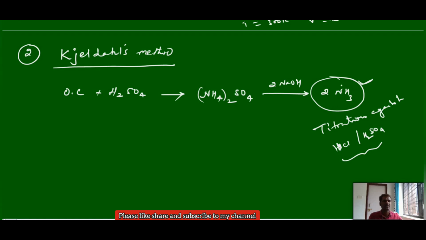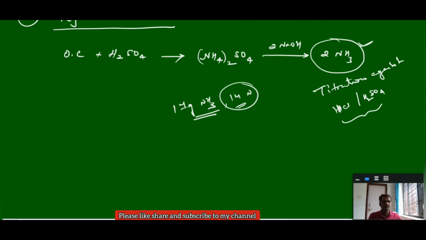Once you know the amount of ammonia liberated, then you can identify the amount of nitrogen present, because in 17 grams of ammonia, 14 grams of nitrogen will be present. That again will give the percentage of nitrogen in the given organic compound. This is the method. Again, just a stoichiometric application here. No need to use exact formulas, just apply the concept of stoichiometry.